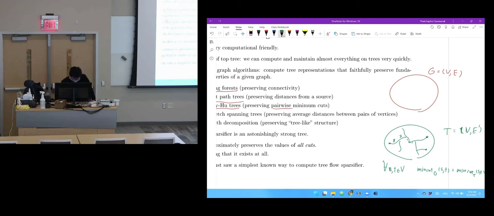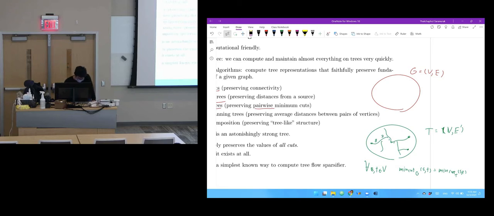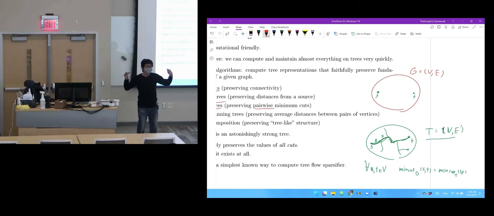So what does it mean? If you have S and T here, and you want to compute the min cut between S and T, given this tree, it's enough to just compute the min cut between S and T in this tree. And actually, computing the min cut between two points in a tree is very easy.